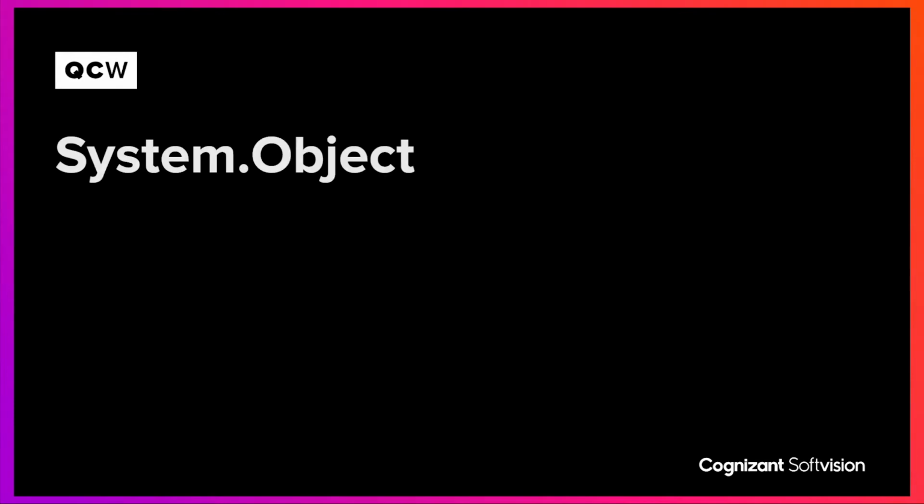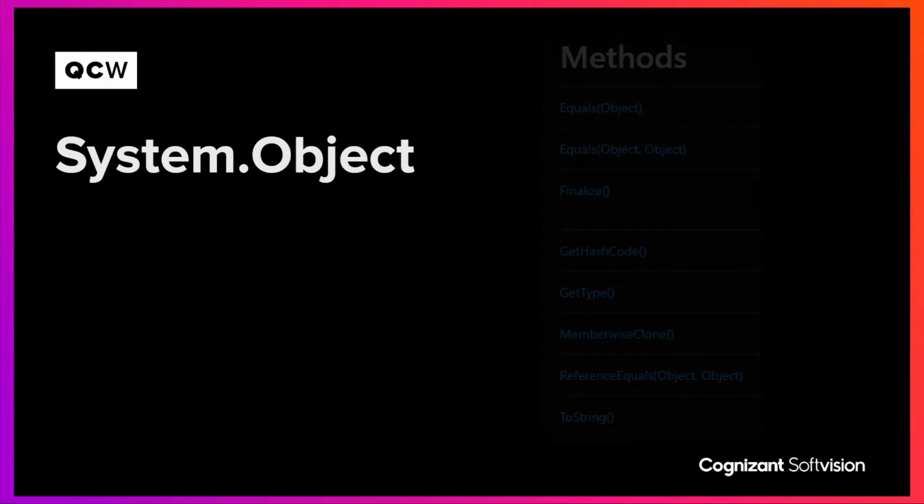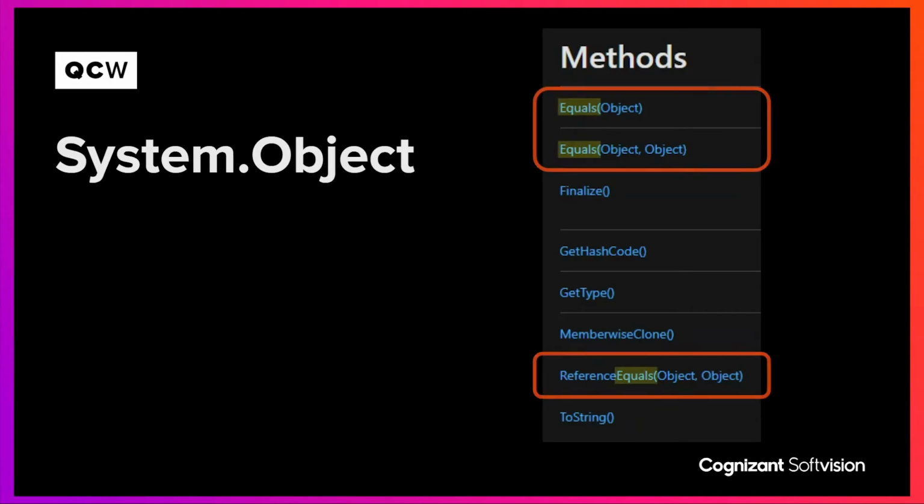As you may know, all data types in .NET ultimately derive from System.Object. As a .NET developer, you should be familiar with this class. System.Object exposes 8 methods. 3 of them include the word equals in their name and are in fact used for equality.